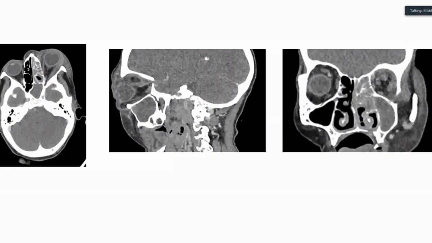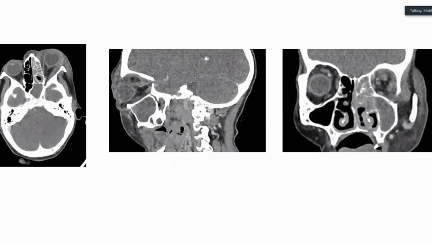So do you think this is something of an emergency? Yes, sir. Is it Tolosa-Hunt syndrome, which is an inflammatory process in which there is acute pain, and we will refer the patient for immediate management?